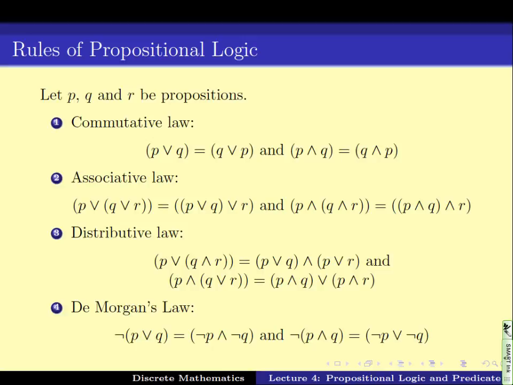These rules are identically the same as the rules for set operations. Namely, if you replace AND with intersection, or with union, and not with complement, you get the same set of rules as you saw in the case of set operations.